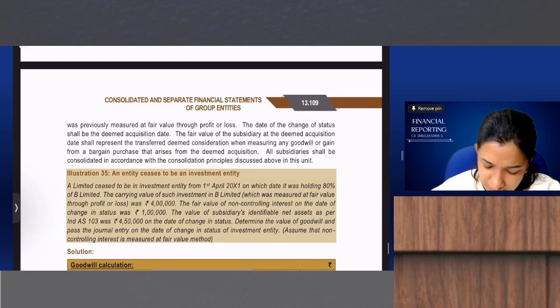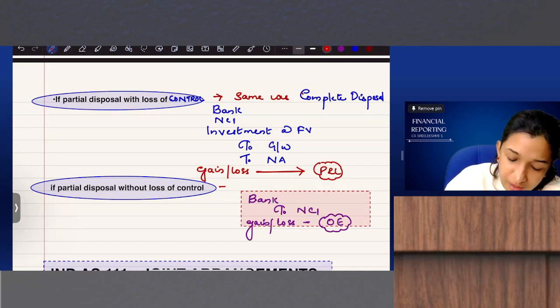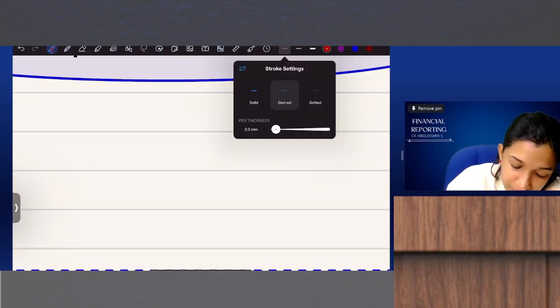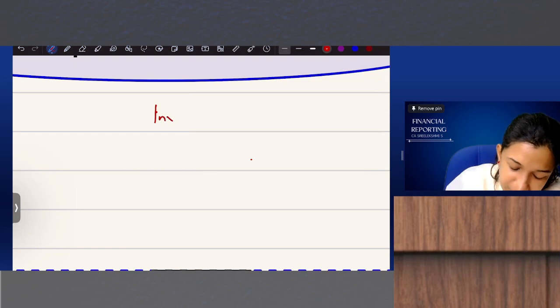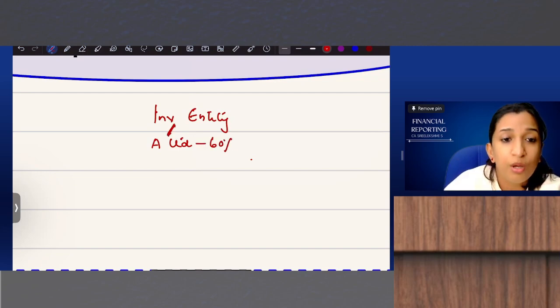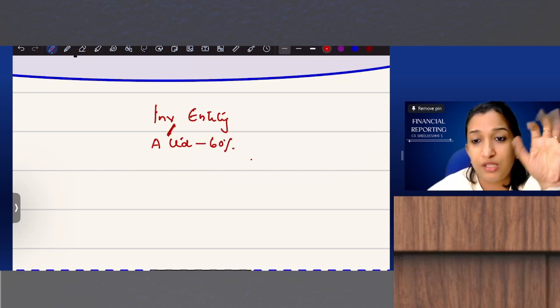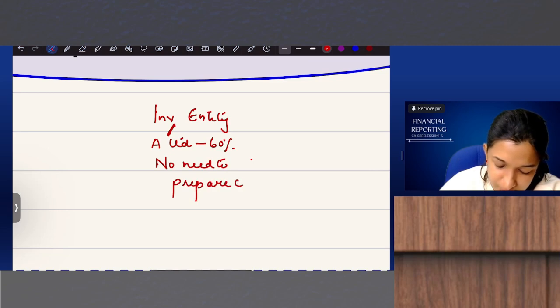So the question is, what if an investment entity, it was originally an investment entity, had an investment of 60% in A Limited. But no need to prepare CFS. I know that.